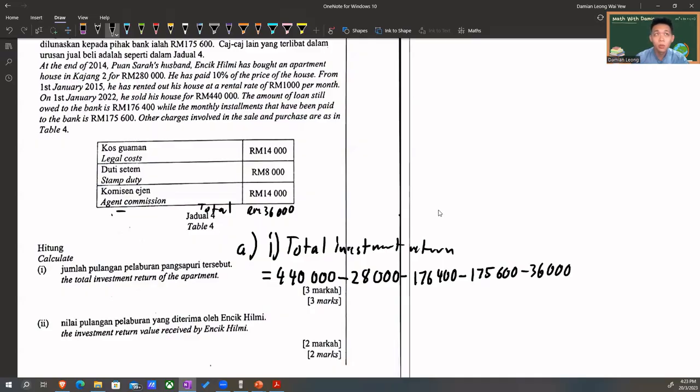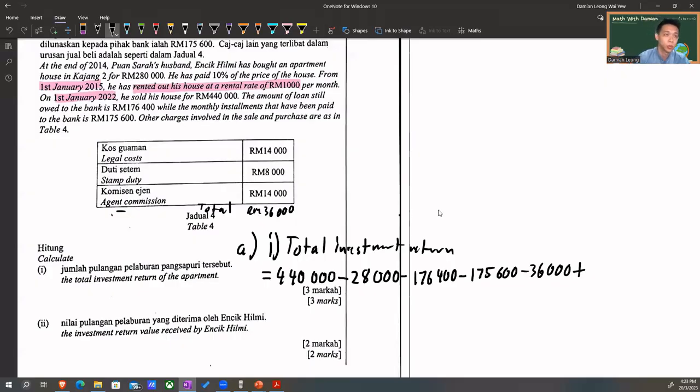But that's not all, because he also rented out his house at 1,000 per month since 1st of January 2015 until 1st of January 2022. So I have to add back the rental income.